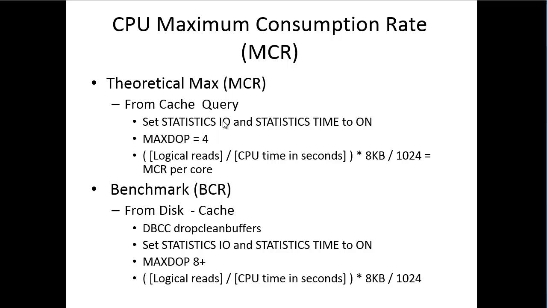So what you want to do is set your I/O statistics on and your time on, and start measuring your queries and getting theoretical maximums here. Now it's theoretical because, of course, a portion of data will always come from disk and memory. So we just want to eliminate the factor of pulling data from disk and just use it from memory. Set the max degree of parallelism to 4.